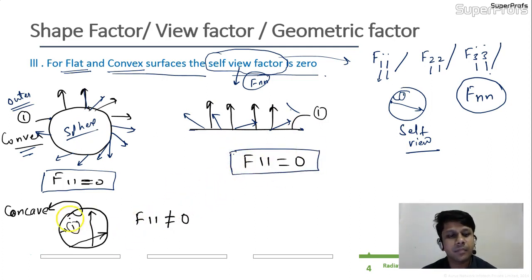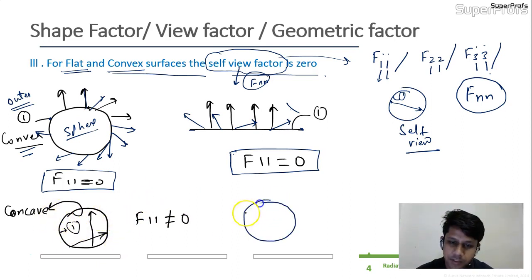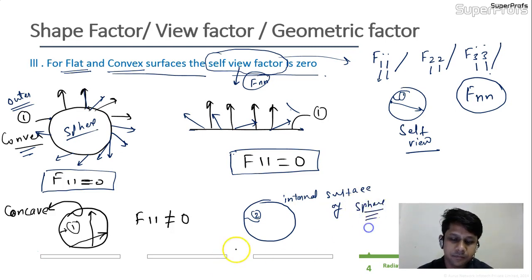But let us take a concave surface: the same sphere, but its internal surface. Let us say surface number 2, the internal surface of a sphere.